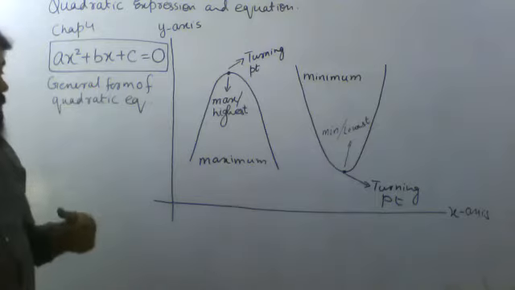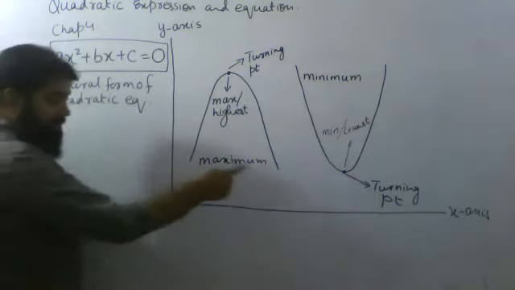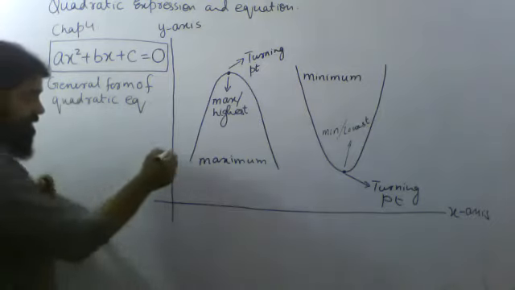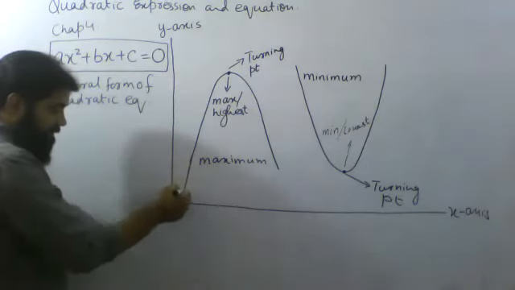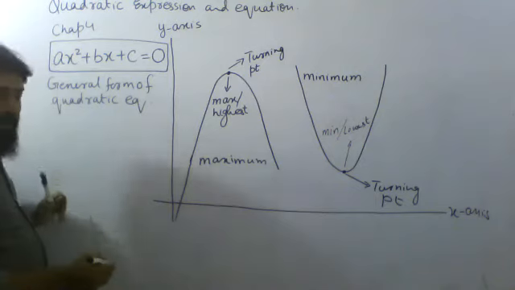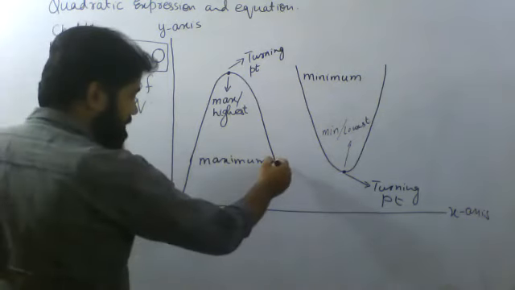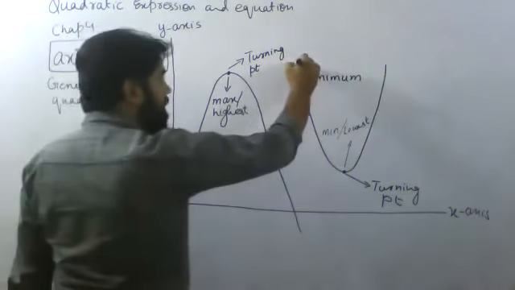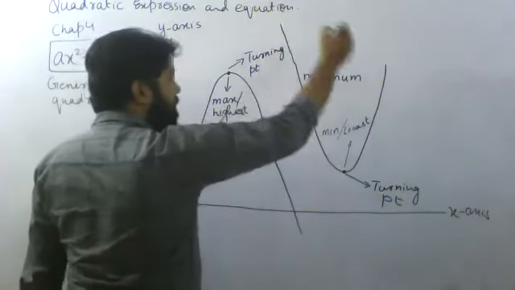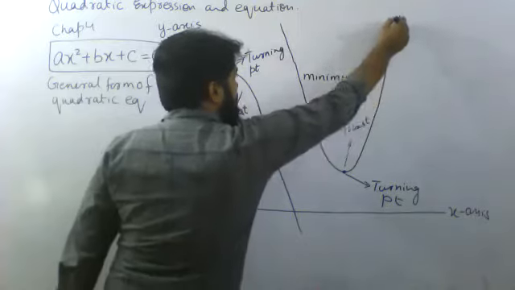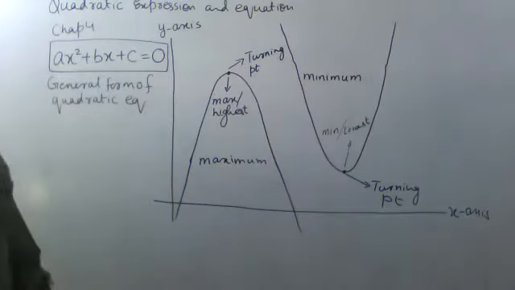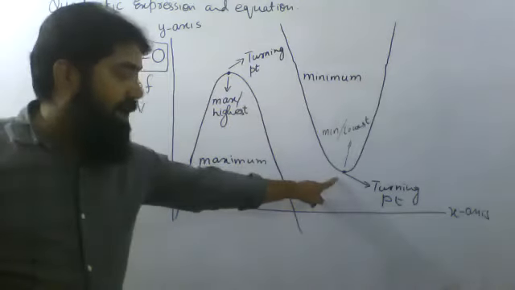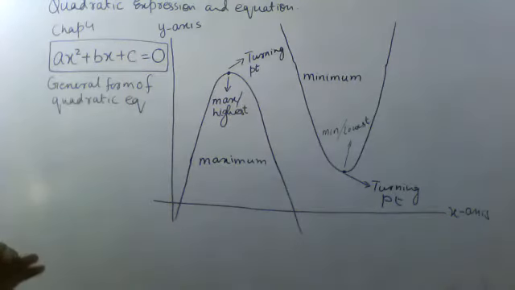Now, these ones can be expanded to any point, because if I take it like this, it can go to any point. If I talk about this one, it can go to any point. In the same way, this can go and this can go to any distance. So that's why I'm only considering my turning point.